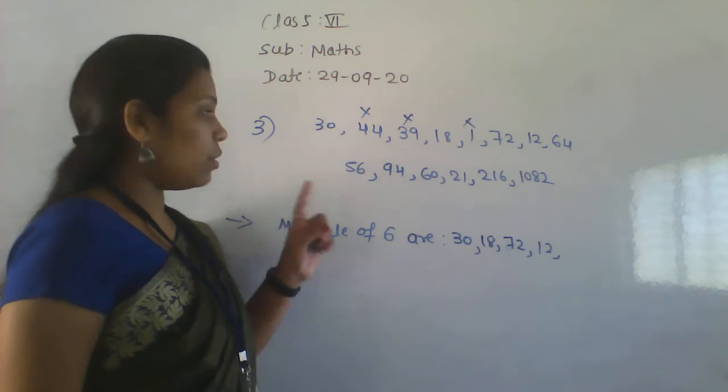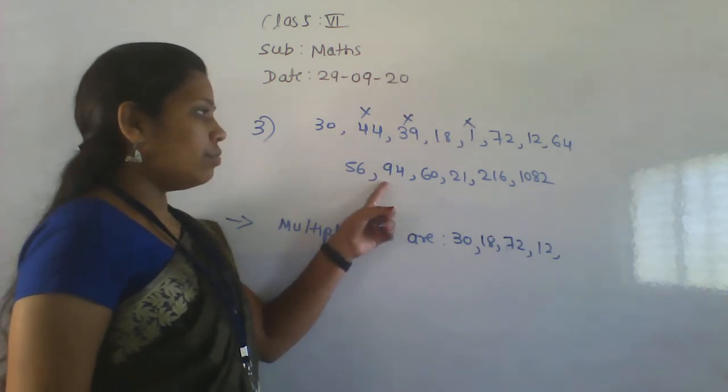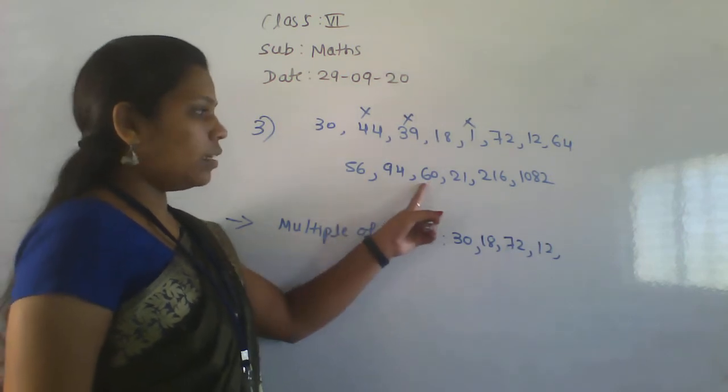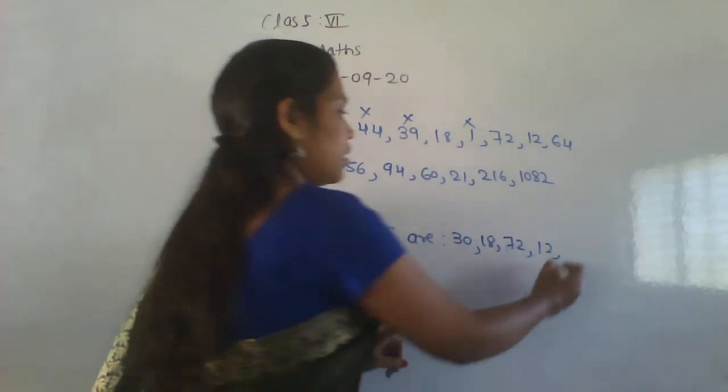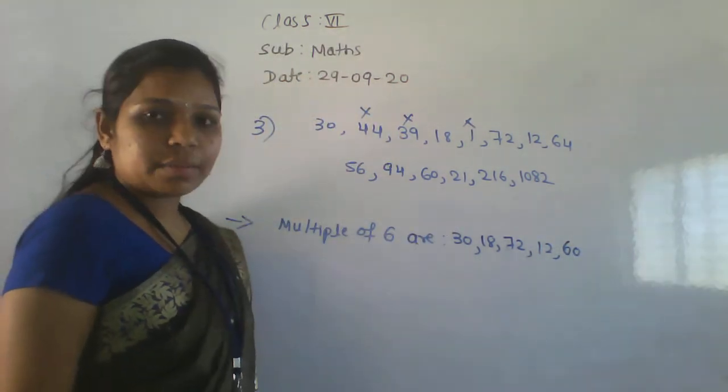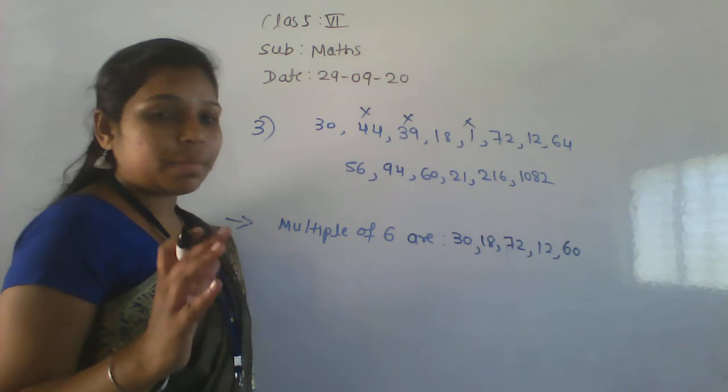No, it is not a multiple of 6. 94. 6 ones are 6. No, it is also not. Next 60. Yes, 6 tens are 60. 60 is a multiple of 6. Next 21. Is 21 a multiple of 6? No, it is not.